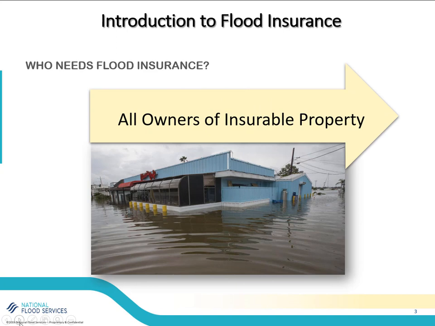A very common question when first starting to talk about flood insurance is who needs flood insurance? All owners of insurable property should consider flood insurance. Insurable property includes a building and/or its contents in a community that participates in the National Flood Insurance Program.